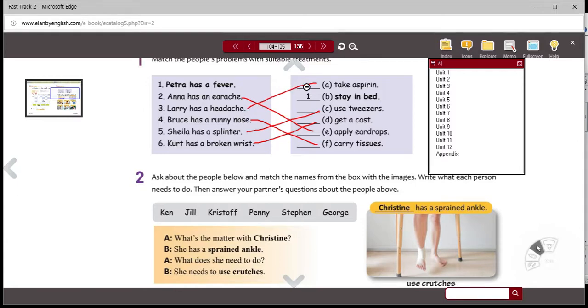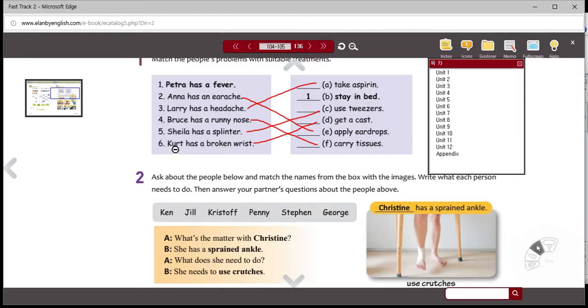Larry has a headache. He should take aspirin, okay, like a Tylenol. Bruce has a runny nose. He should carry tissues. Sheila has a splinter. Right. She should use tweezers, a very small tool for removing a splinter.